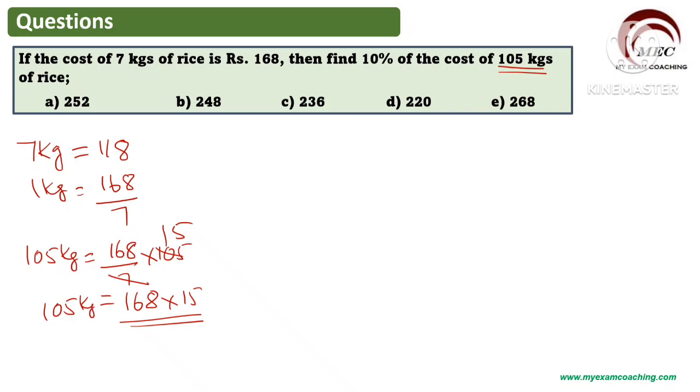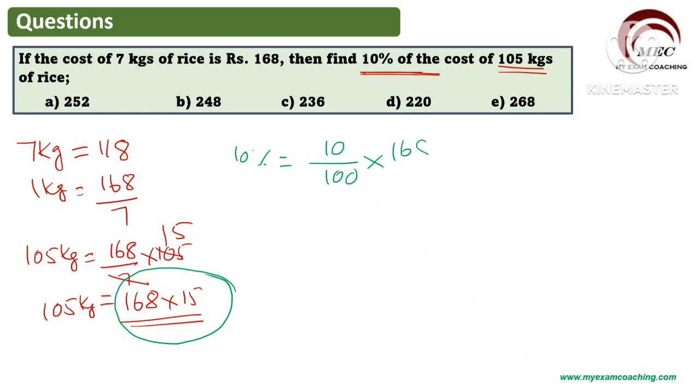But what we want is to find 10% of the cost of that. What is 10% of this number? So 10% is equal to 10 by 100 into 168 into 15. You can cut this 10 in 100 ten times.